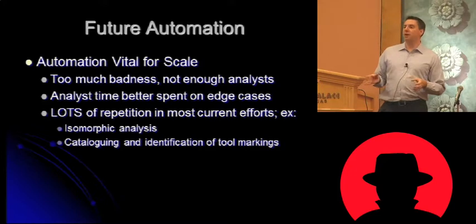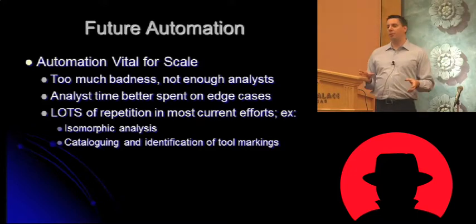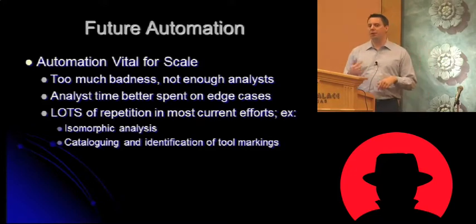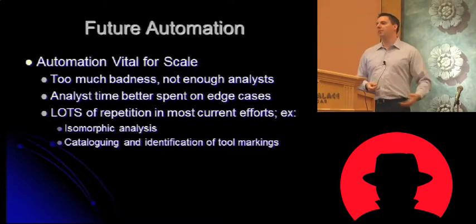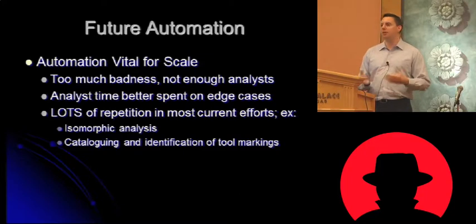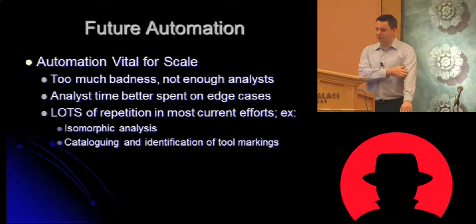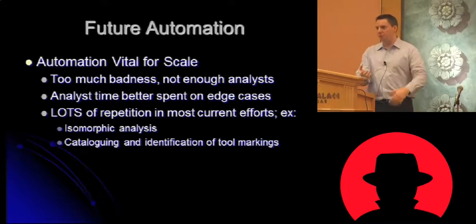And those analysts' time is probably better spent on edge cases, on things that we can identify are really of interest to us, rather than repeating the same 5 boring procedures again and again and again just to identify that something is derived from something that we already know about and therefore isn't of any interest to us. So one of the first examples of a technology that can help us with that is isomorphic analysis.